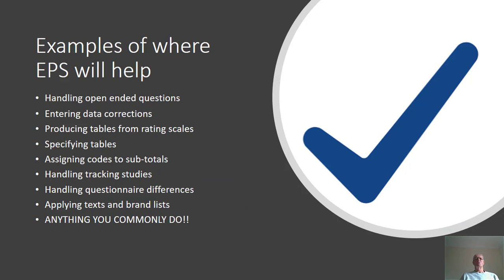So here are some examples of where you'll be able to use EPS. It's not by any means an exhaustive list. Handling open-ended questions is a very good way of telling MRDCL what code lists are, for example.